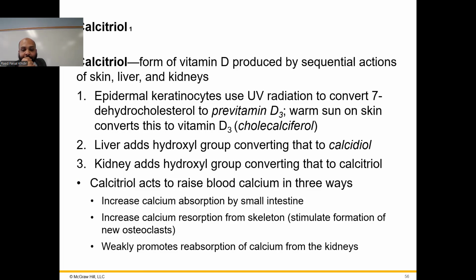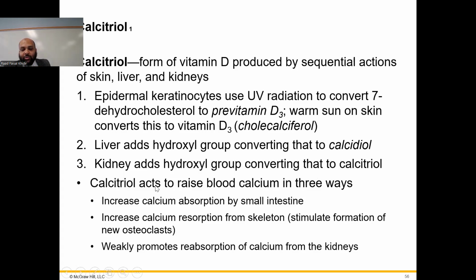So you see that your integument, your skin, is responsible. The liver adds a hydroxyl group, converting that to calcidiol. And the kidney adds a hydroxyl group, converting that to calcitriol.